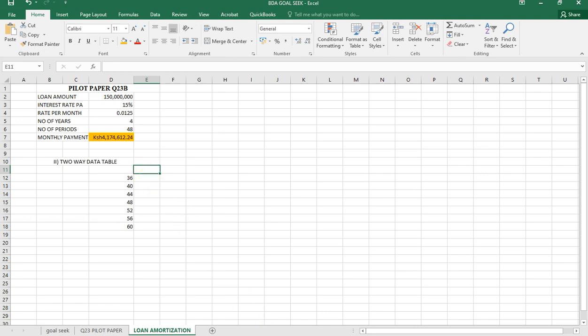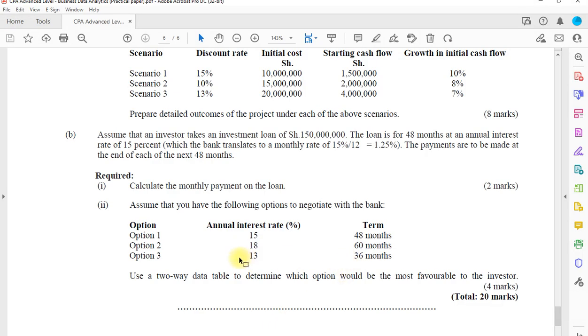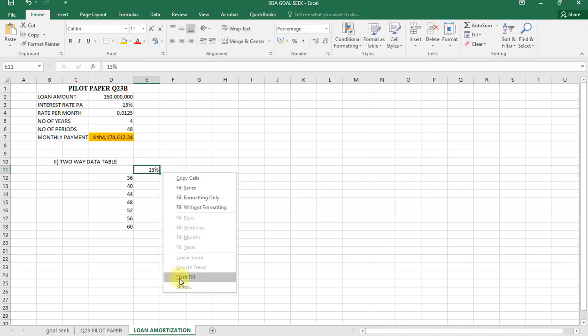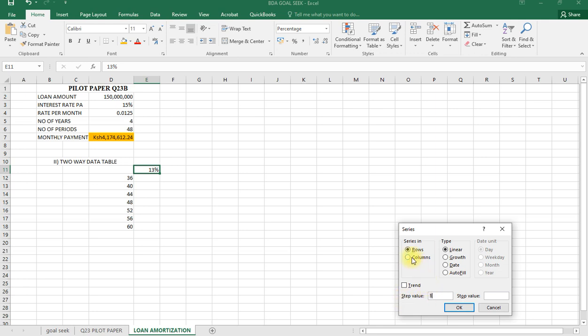When you look at the rate, we have been given a rate. Minimum rate is 13, maximum rate is 18. So it shall come back, minimum of 13% here, and I will again move one box, come back, release. We need a series, and this is a series for the row.